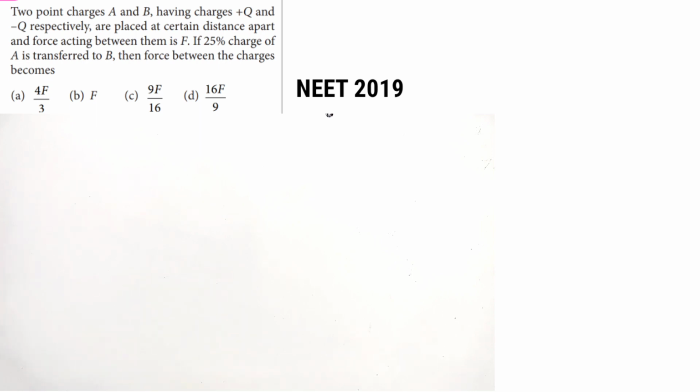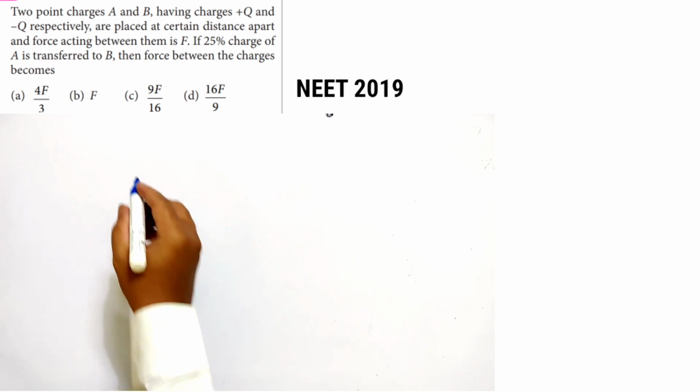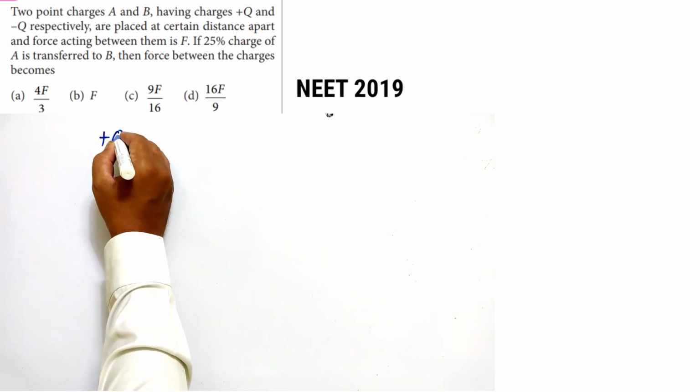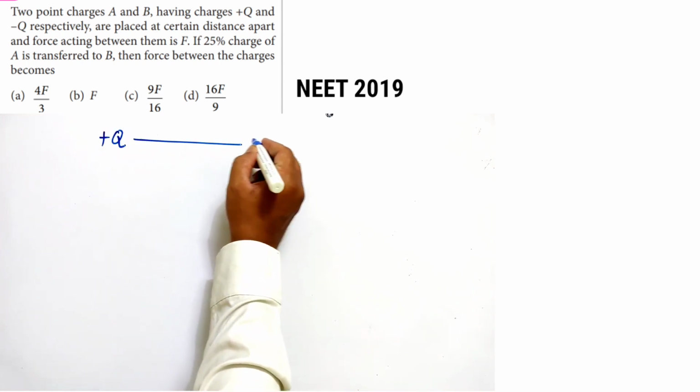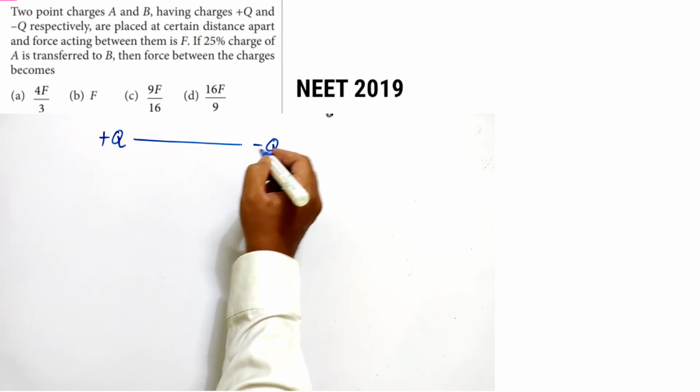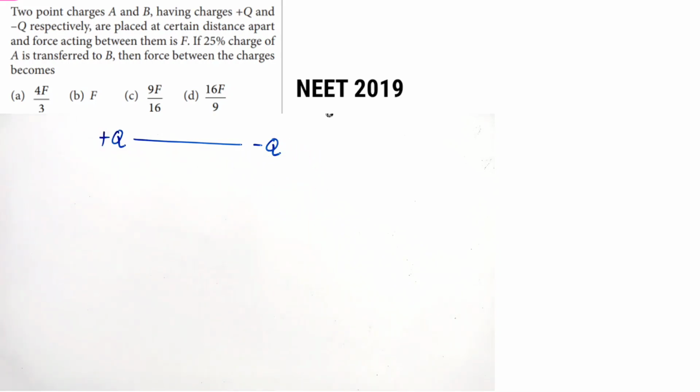In the question it is given that the two charges are there, plus Q and minus Q. They are separated by a certain distance. Here 25% of the charge is transferred from one charge to the other. So we have to calculate the new force between them. Initially the force between them was F.